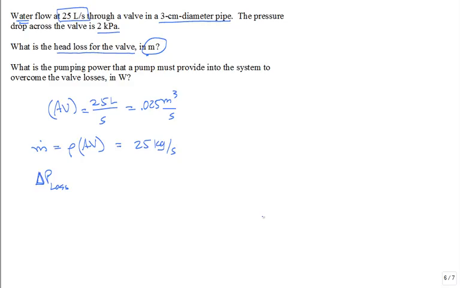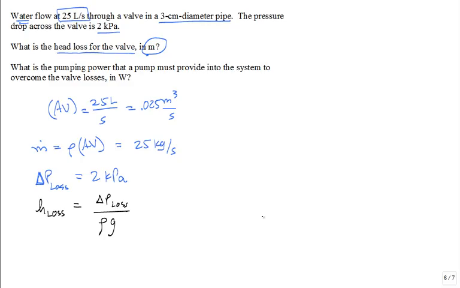What is the pressure loss? It's 2 kilopascal, that's given. I want to calculate the head loss. What is the relationship between delta P loss and head loss? Is that the right relationship?